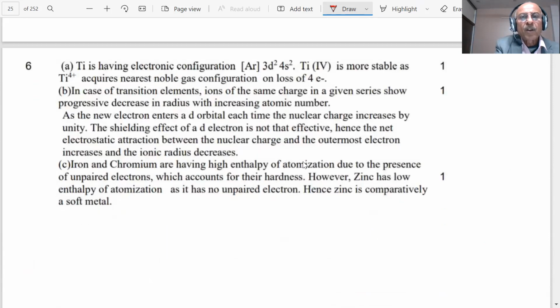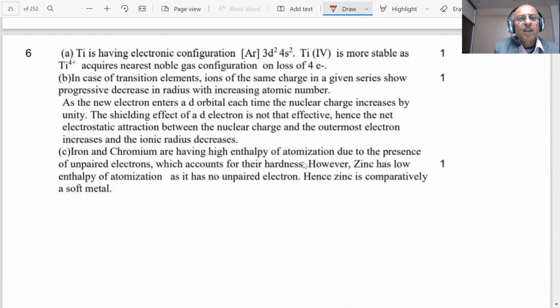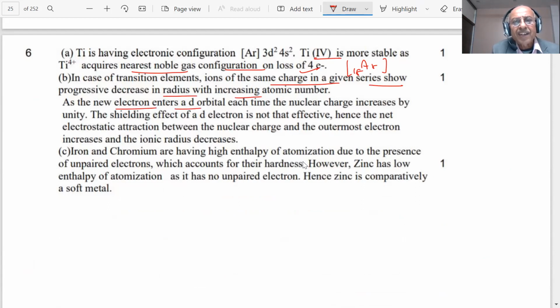What it says: titanium has electronic configuration 3d2 4s2. Titanium 4+ is more stable as Ti4+ has the nearest noble gas configuration, which we already said. We have shown you that it goes to argon, 18, the nearest noble gas. In case of transition elements, ions of the same charge in a given series show a progressive decrease in radius with increasing atomic number. As a new electron enters the d orbital each time, the nuclear charge increases by unity.